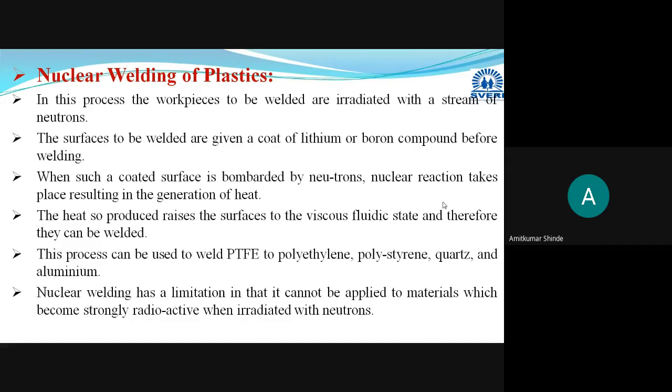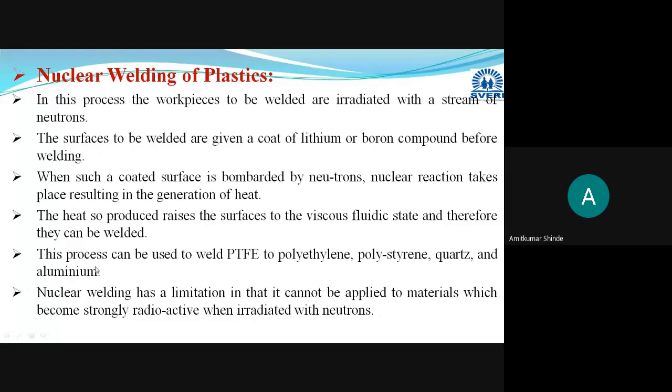I will tell you one or two practical examples. One practical example is polymethyl methacrylate, which is joined with the help of the boron-10 isotope. Another example is PTFE, polytetrafluoroethylene.